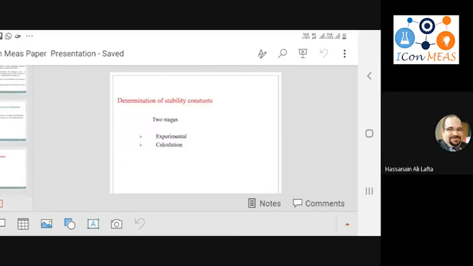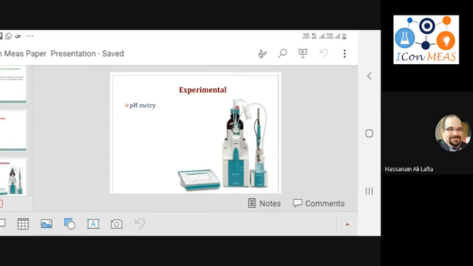The main aim of the study is the determination of stability constants of ternary complexes. That's why I have calculated in two stages: first one is experimental and second one is calculation. For the experimental part, I have chosen a pH meter, the Metrohm Titrando, for the calculation of the stability constants.